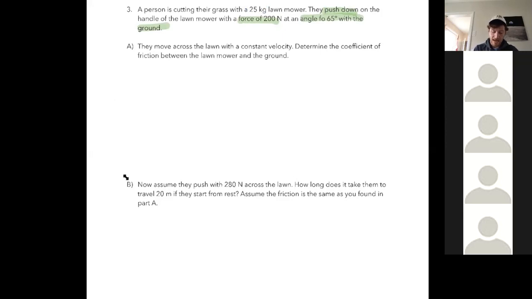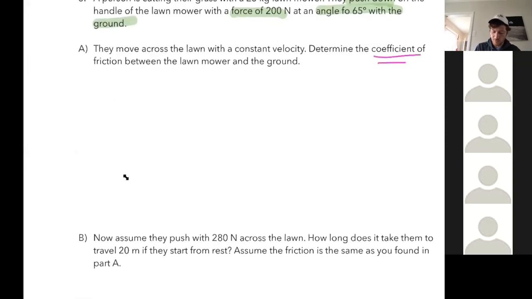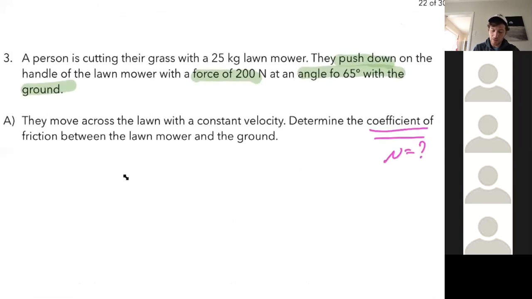And then we're going to assume something different in part B. So first step is find the coefficient of friction. This coefficient of friction is our mu value. Pushing down is an important distinction to make. If you push down on something, you are going to increase the contact.